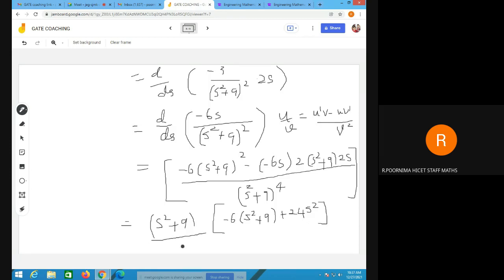The denominator is s square plus 9 whole power 4. So one of these terms gets cancelled.